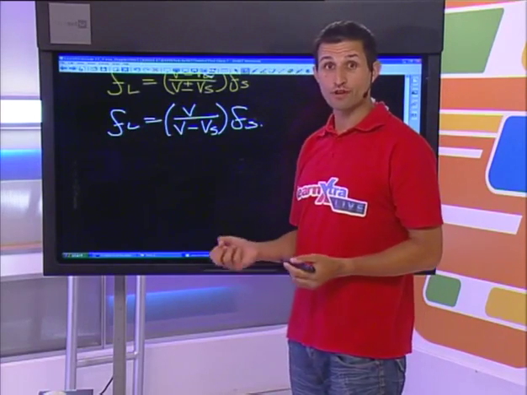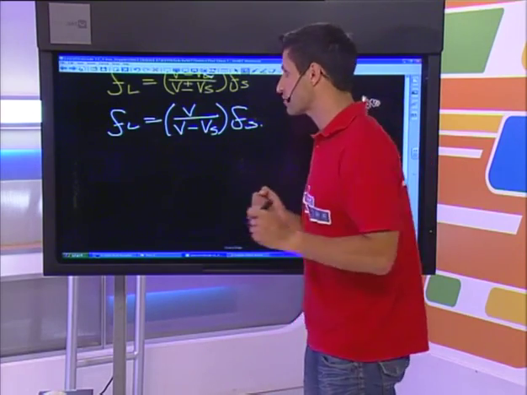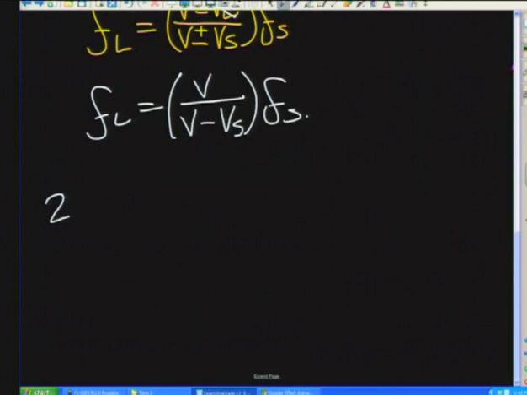Okay, so my frequency, which was heard or listened, was the person standing next to the track. What they heard was 2080 hertz. My velocity of sound in air was given to us as 340. So that goes on the top and the bottom in the place of V. Now, please, please, please, learners, be very careful.